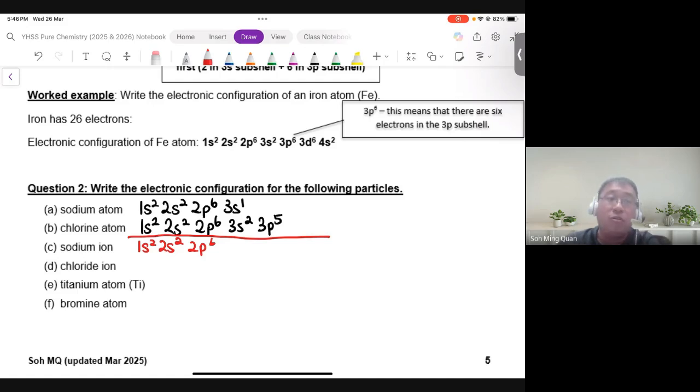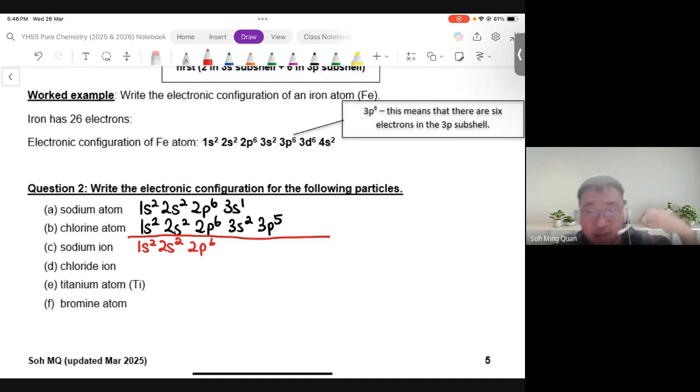Now moving on to the chloride ion. The chloride ion comes from chlorine. If you recall, chlorine is in group 17. It has 7 valence electrons, so it will gain 1 more in order to achieve a fully filled outermost shell. So again, it has to gain 1 electron this time. You don't get rid of any electrons.